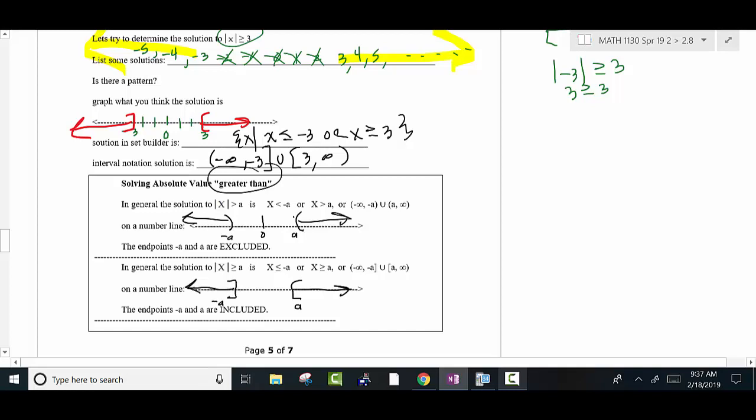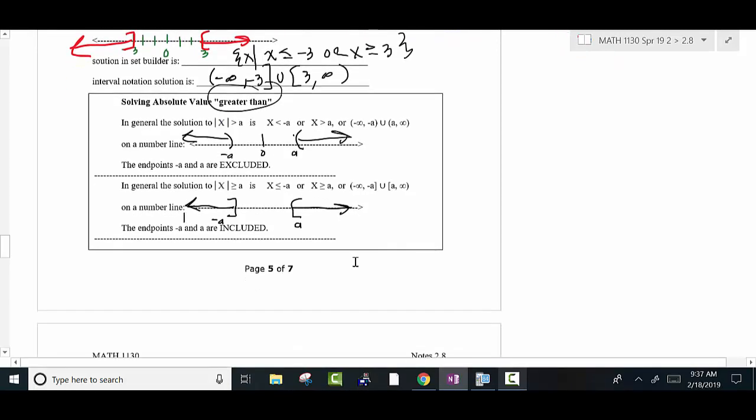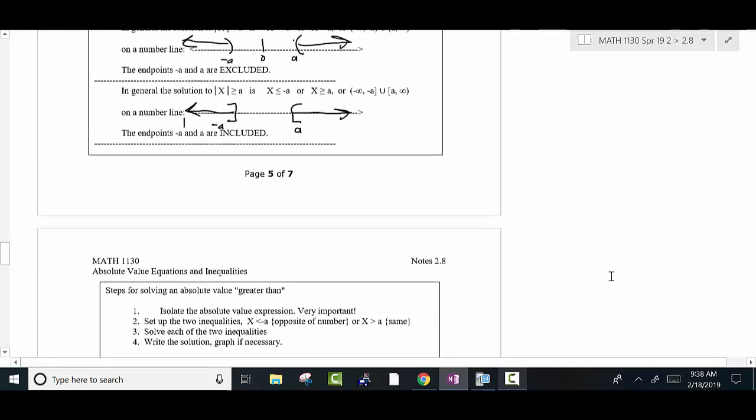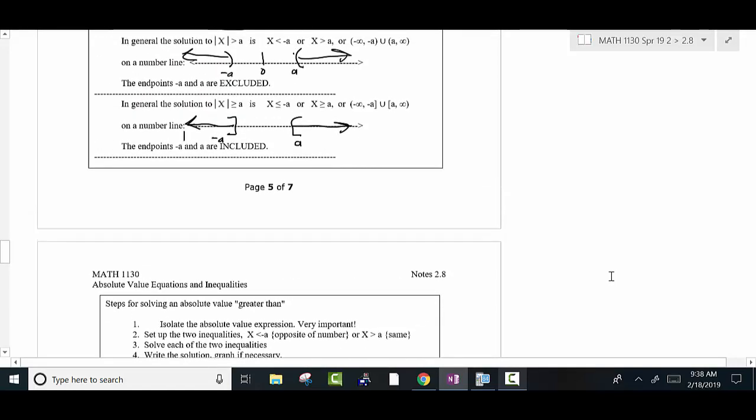So absolute value greater than problems are set up with two separate inequalities. If you learn how to set them up correctly, you're not going to have any trouble getting them right, because then it's pretty standard equation solving. Any questions about anything?